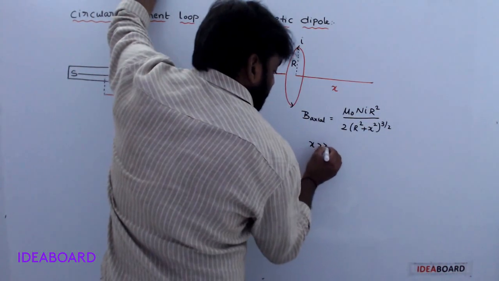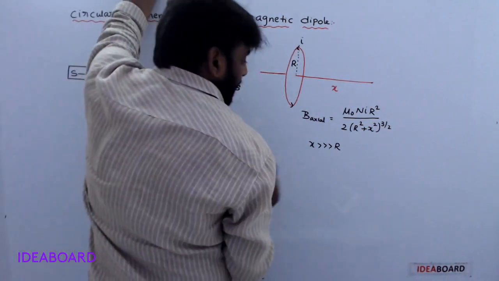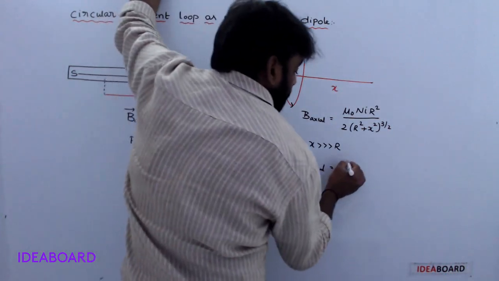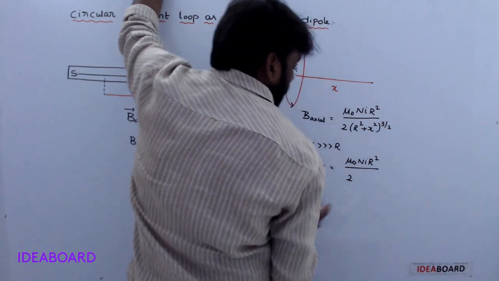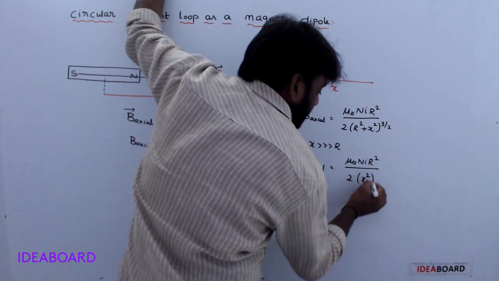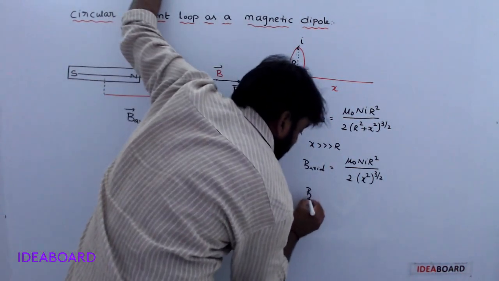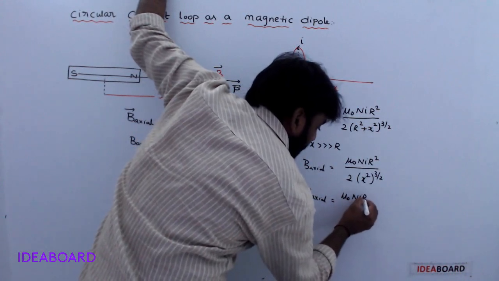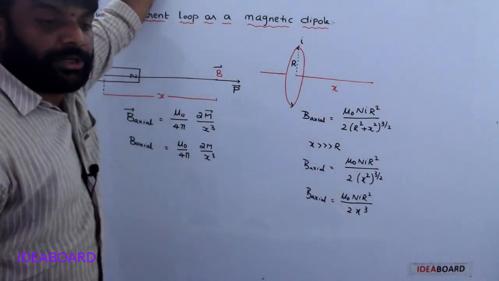Here x is very large compared to the radius of the current carrying loop, so r is neglected. On the axial line, B equals mu naught n I r square by 2 into x cube.